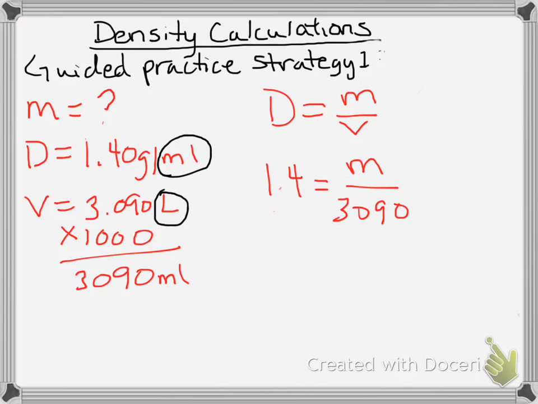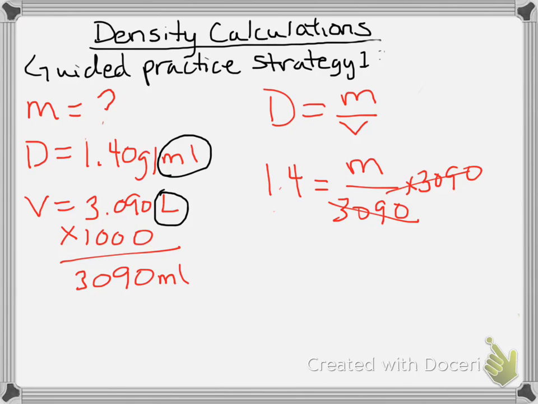We are simply going to solve this algebraically for strategy 1. So that means that my mass needs to be alone. So to get it alone, I have to move this 3.090 out from underneath it. So right now it is being divided, so I need to multiply by 3,090. So you do the opposite of whatever is being done to it to get rid of it.